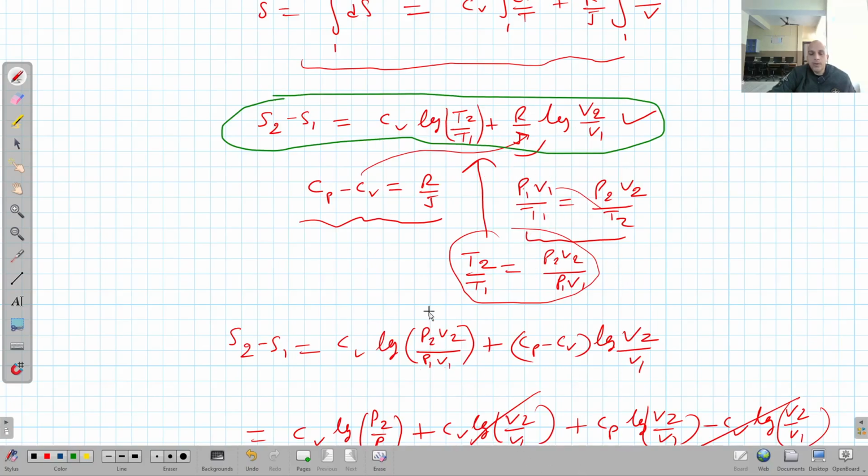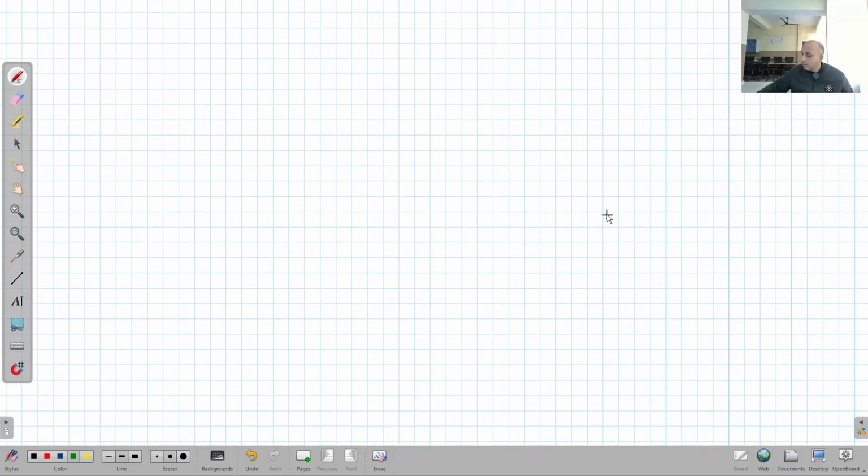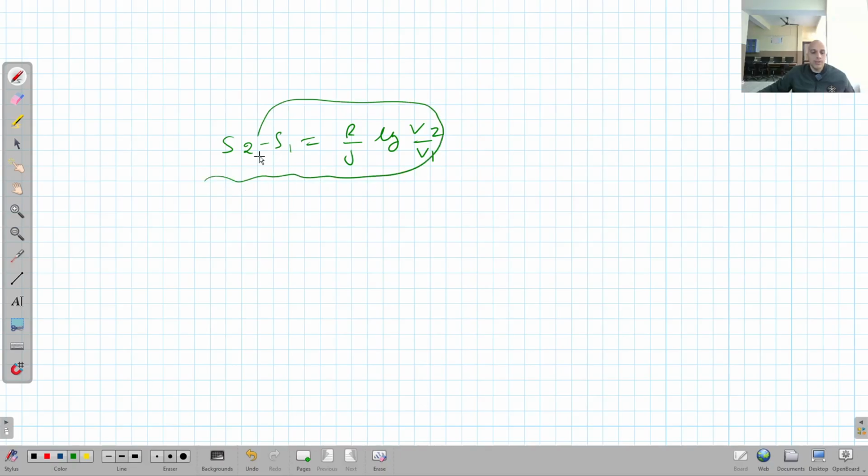Now I am going to apply the condition when the process takes place at constant temperature, then this factor will become 0. So we will get S2 minus S1 is equal to R upon J log of V2 upon V1, right? Clear? So this is the required relation when the process was isothermal.